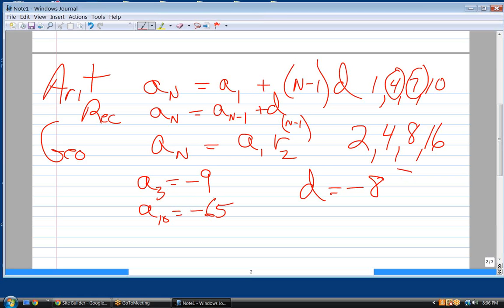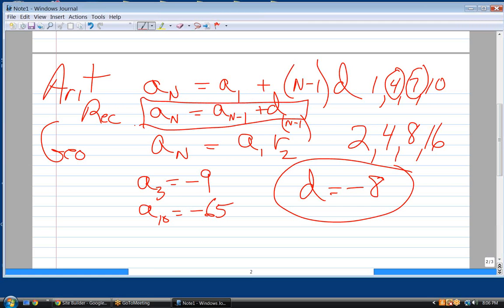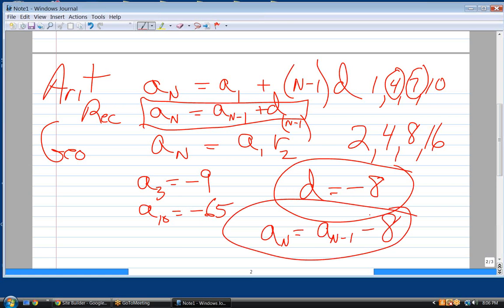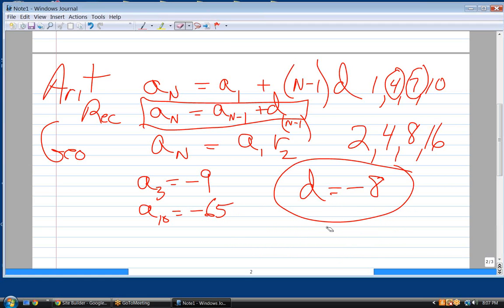So if we know that, then we can say, do they want it recursively or explicitly? Does not say. Well, I could always say that a sub n equals a sub n minus 1 minus 8. So that's its recursive definition. But if we want this formula here, then we need to figure out what a sub 1 is.